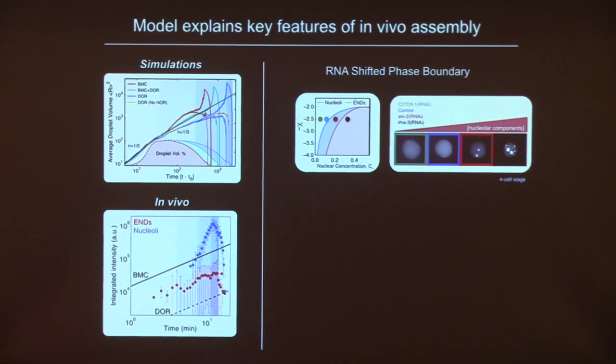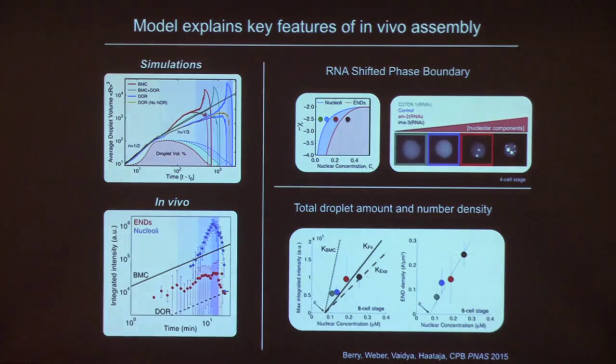We can play this game by changing the size of the embryo to get into that spot, and in fact we can access that. At these concentrations you basically get nothing formed ever. At these concentrations you get nucleoli at those transcriptional sites, so that's in the spot between these phase boundaries. And then at higher concentrations we get droplets everywhere, right? We get these nucleating, and then at the transcriptional site.